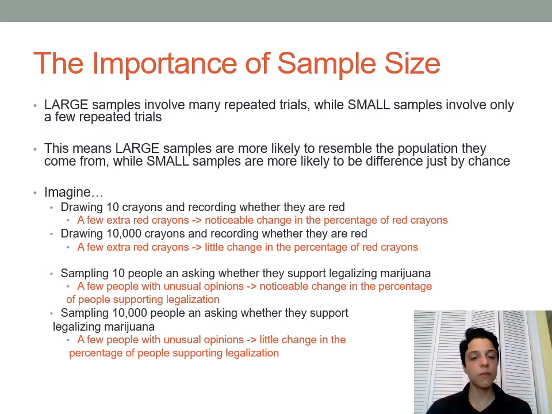And again, with this slide, the point is that when you have only a few trials, you have more chances for unlikely outcomes to happen and then really dominate what you're looking at. Whereas if you repeat them over and over and over again, chances are any unlikely outcomes are going to even out over the long run.